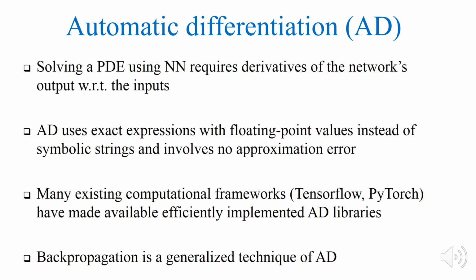Thankfully, many existing computational frameworks have made available efficiently implemented AD libraries, so that's a positive. And those of you who are familiar with neural network training would know backpropagation, which is a generalized technique of AD. So backpropagation is essentially something very close to AD, or a subset of automatic differentiation.